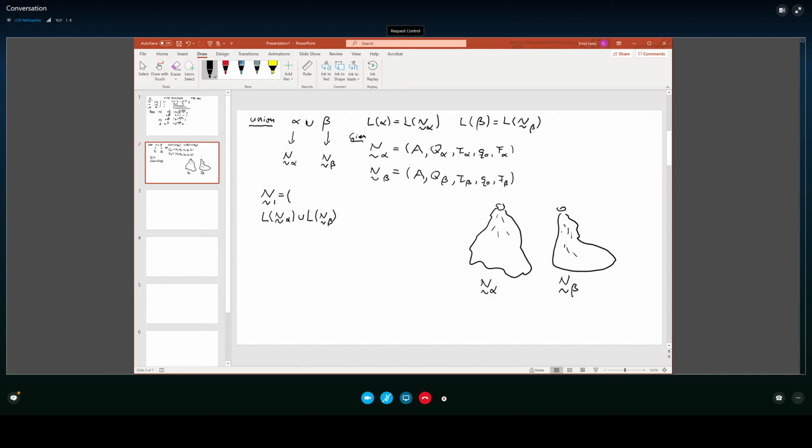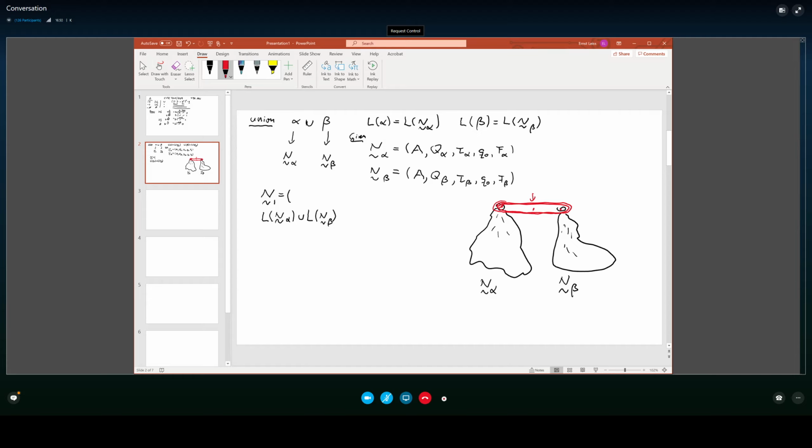So if you think about it, what if we were to take those two initial states and make them one? So whatever transition we have from this will also be from that, and whatever transition we have from this will also be from that.